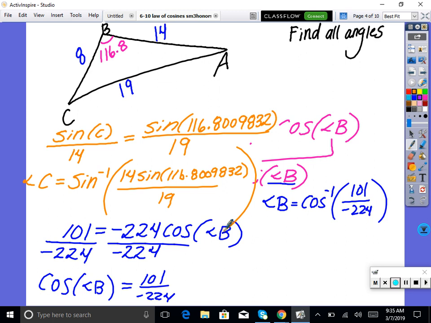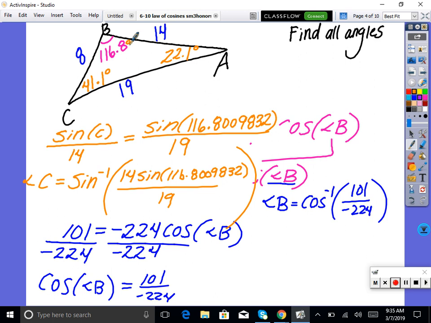Yeah, good point. We better make sure our calculator's in degree mode. So I got 41.1 degrees, and now our final angle will be easy. 180 minus 41.1 minus 116.8. So this would be then 22.1. And we found all the angles.